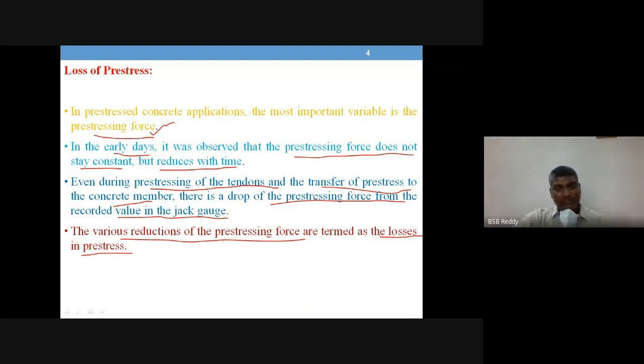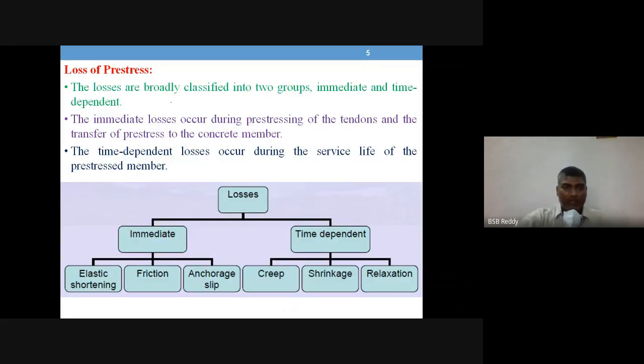The values by which you see the pre-stressing force is reduced, we call them losses. Right, now the classification of losses in terms of, as I said, time, will be categorized as immediate and time dependent. Okay, so those two categories we'll talk about.